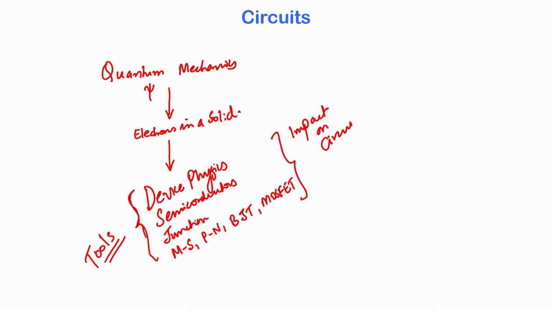We looked at the small signal models of many of these devices, and we now are ready to make use of all this knowledge to see the circuit implications. Okay.